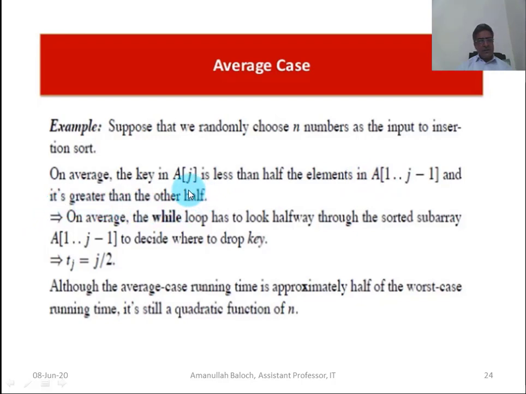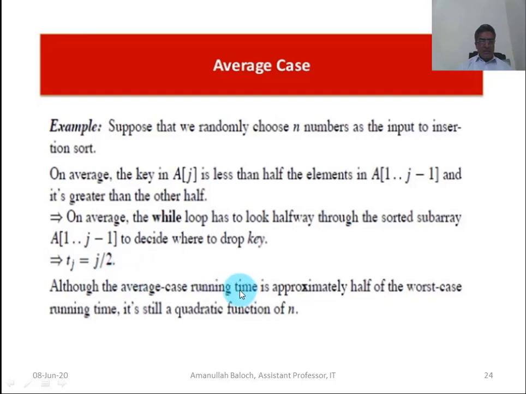That is, half elements are less and half are greater. On average, the while loop has to look halfway through the sorted subarray. That is, the while loop will execute for 50% of data A of 1 to j minus 1 to decide where to drop the key, that is Tj is equal to j over 2.